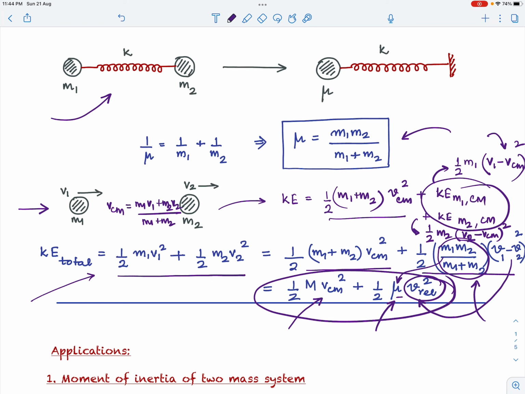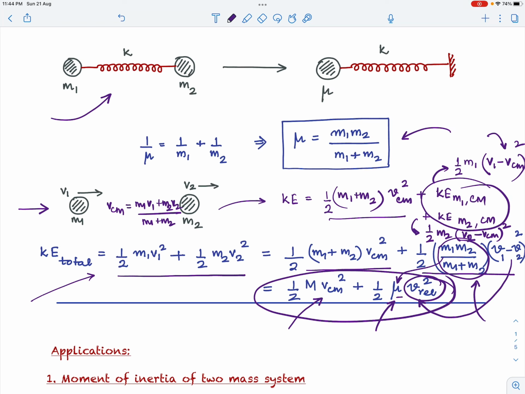This we already know from the concept of center of mass. r1 will be given by m2 by (m1 plus m2) times capital R, and r2 will be given by m1 by (m1 plus m2) times capital R.